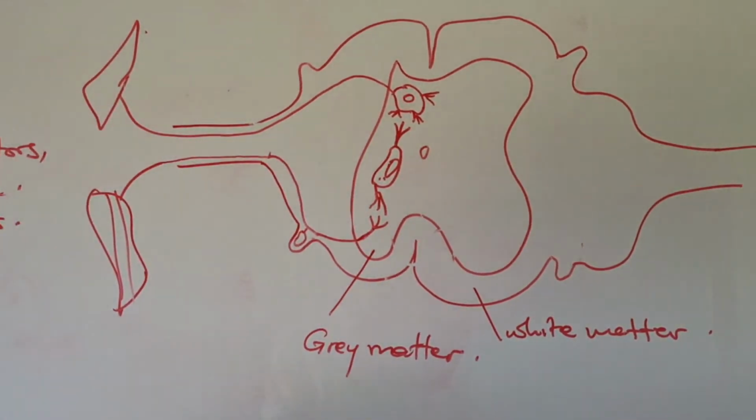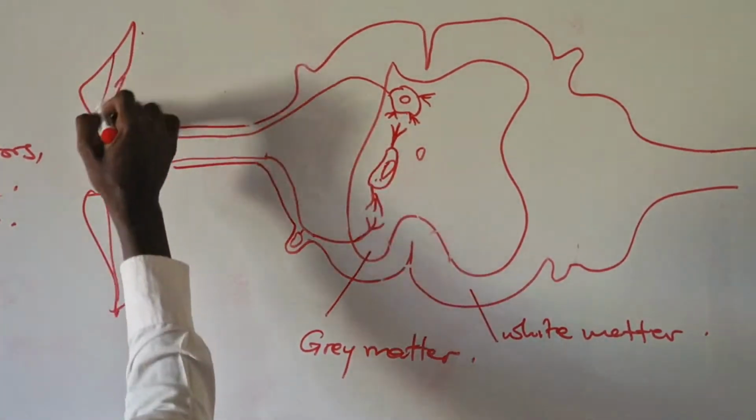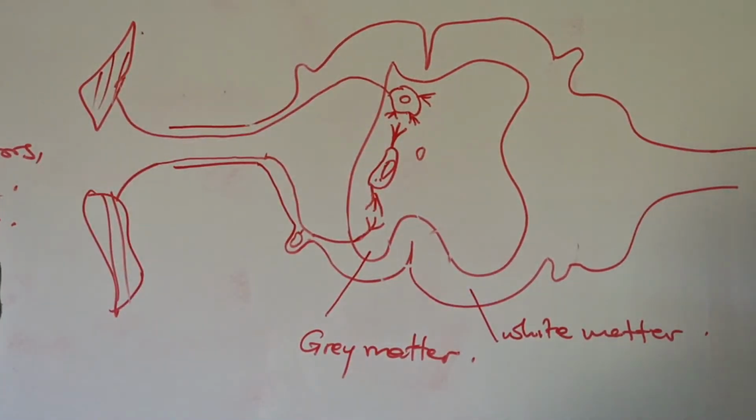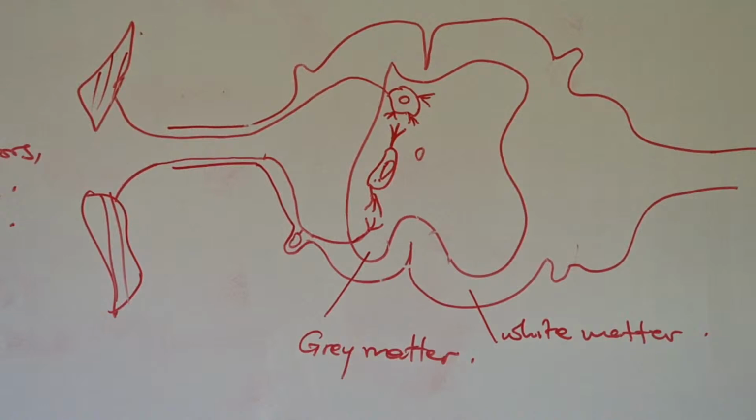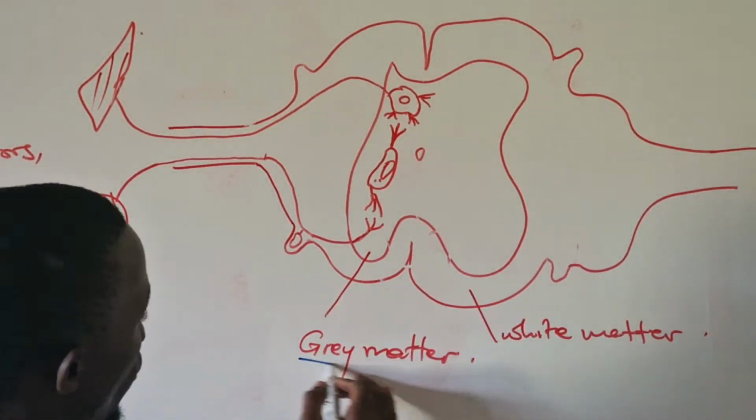We are looking at this. We need to know this information. So when you look at this, I'm using one side to explain. So this is a simple structure of the spinal cord. It consists of the gray matter.